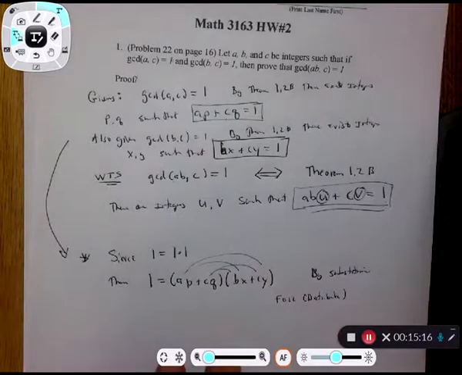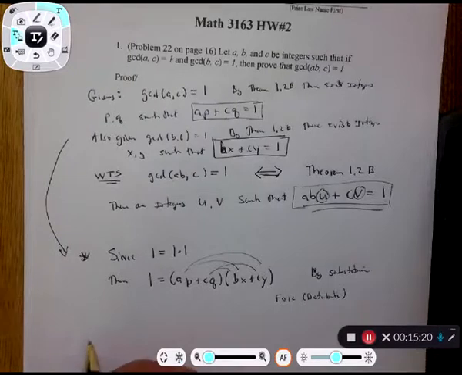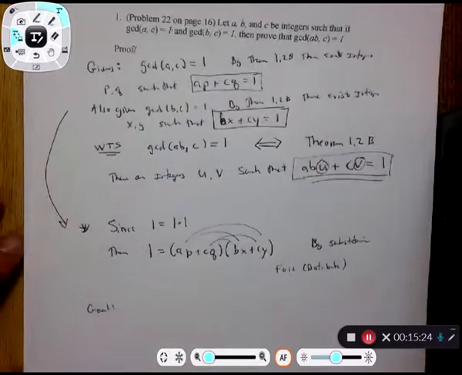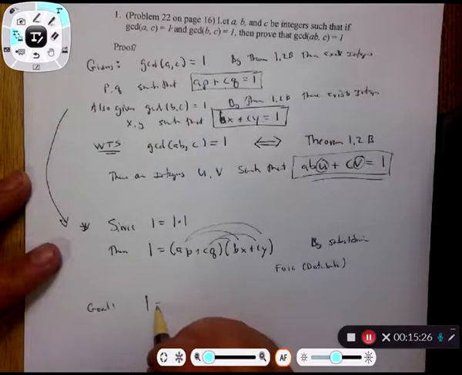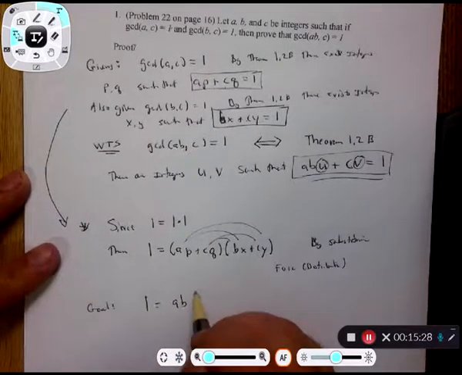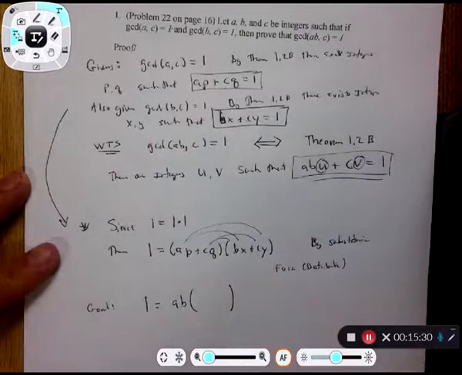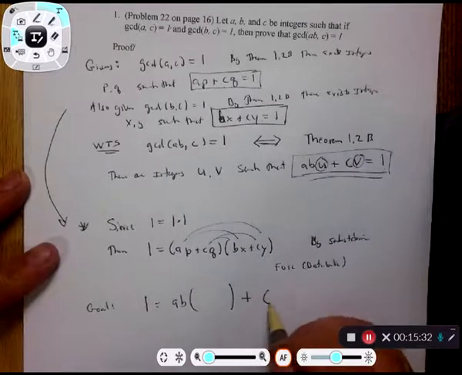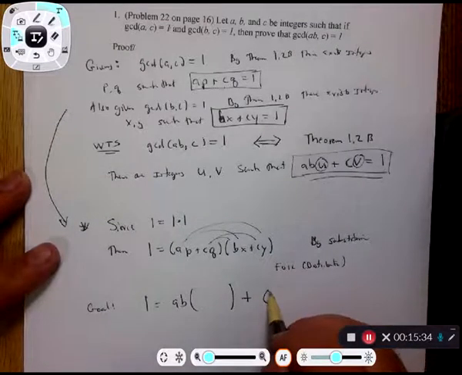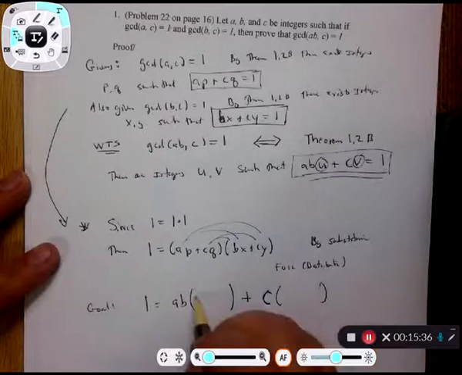And then I'm going to group together like terms and factor out, because my goal is to get this equation as 1 is equal to AB times some integer plus C times some integer.